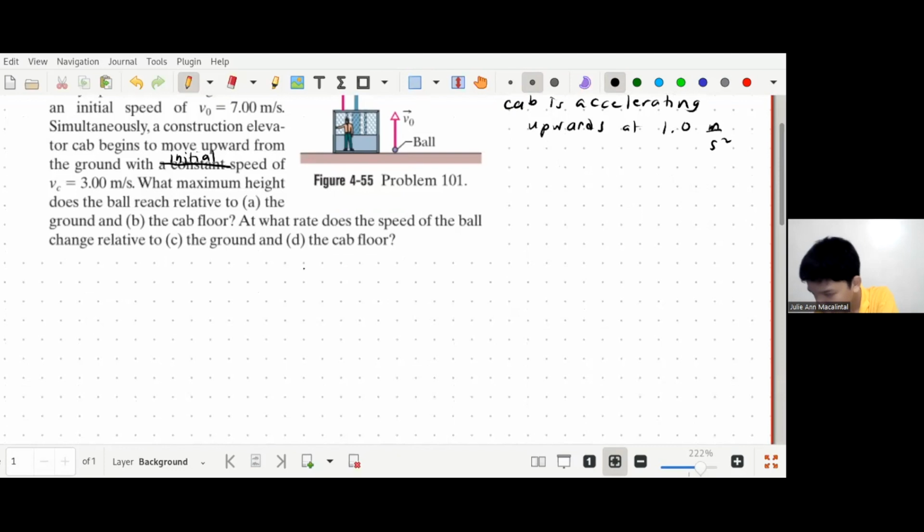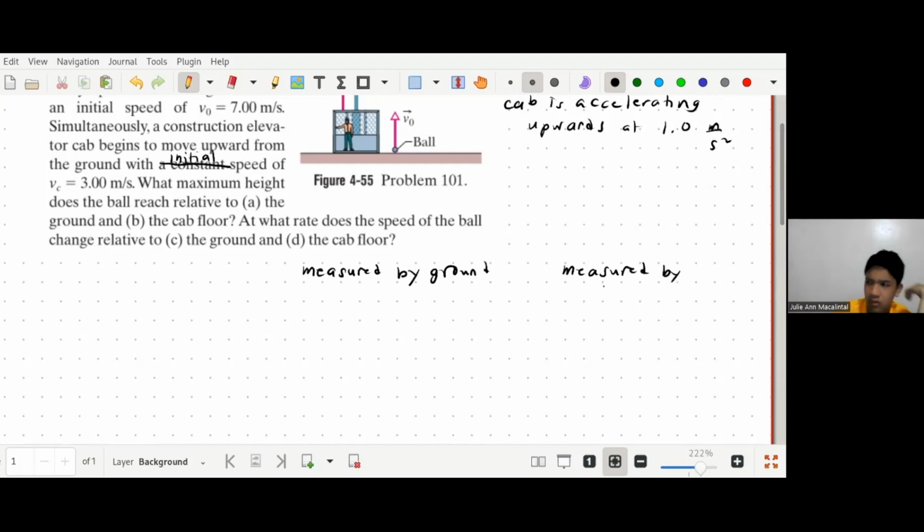So, measured by ground and then measured by cab.